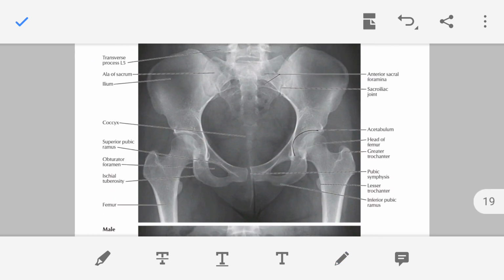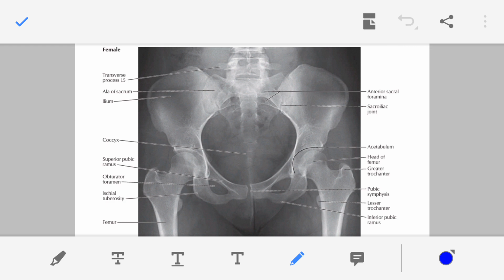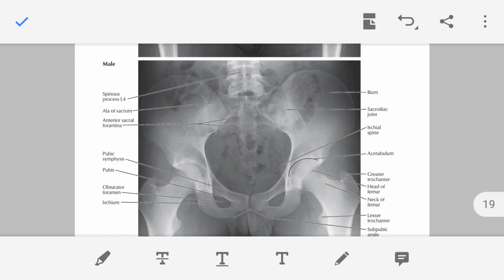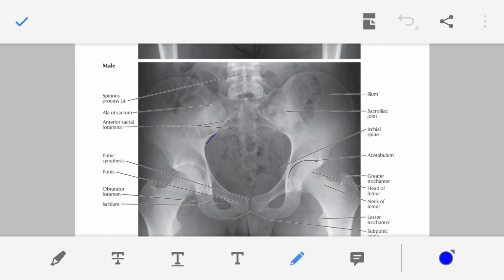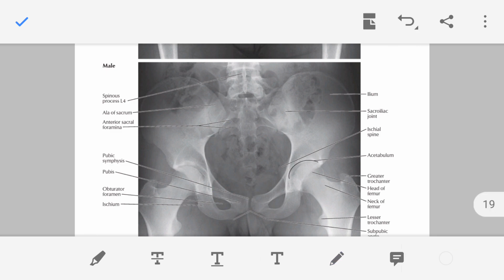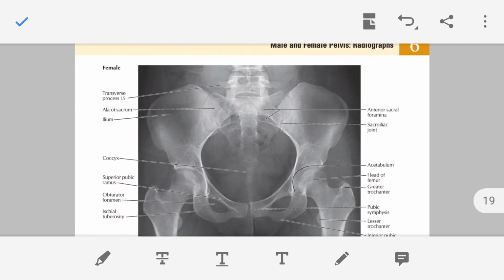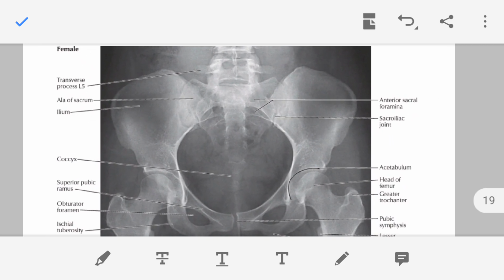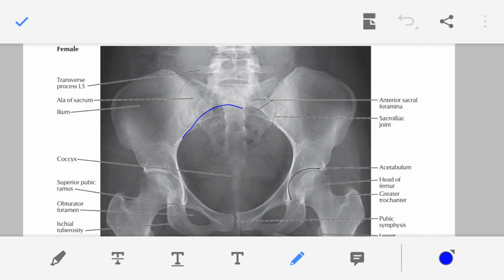Here you can see that in the female the pelvis is the wider one, and in men the pelvis is the narrow one. Now why is the pelvis wider in the female?